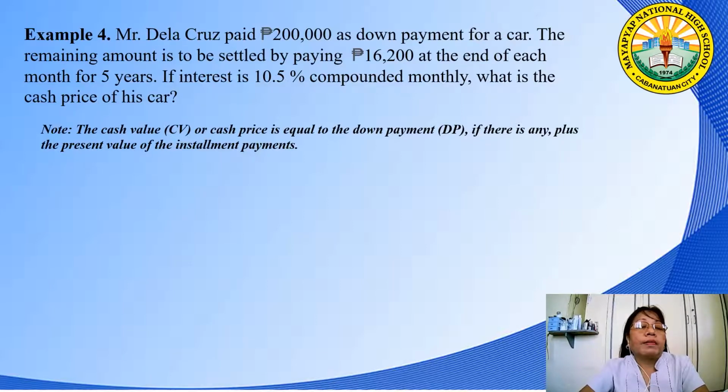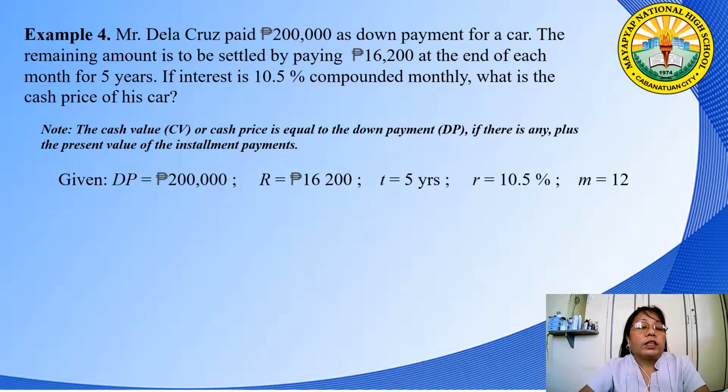So the givens in the problem are: down payment 200,000, regular payment 16,200, time 5 years, rate of interest 10.5%, and the frequency of conversion is 12 since it is compounded monthly. Then find the cash value of the car.